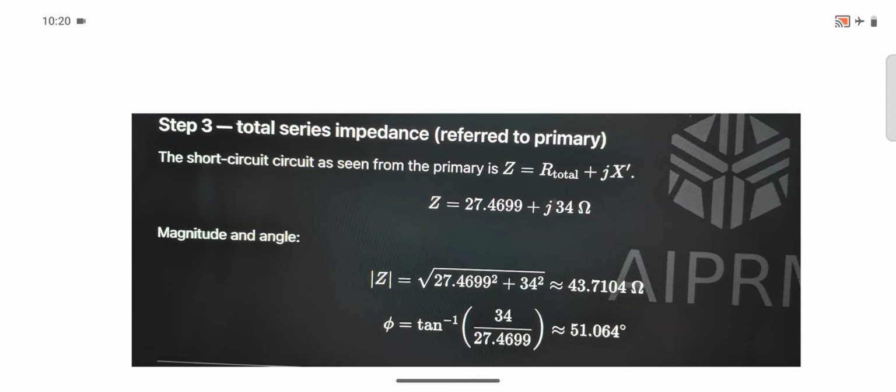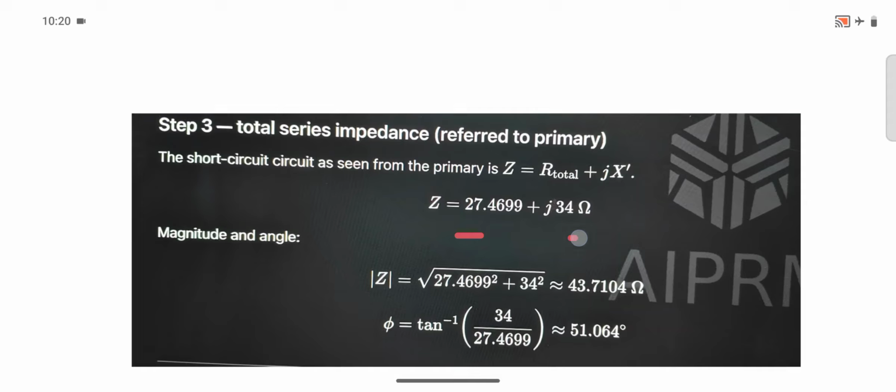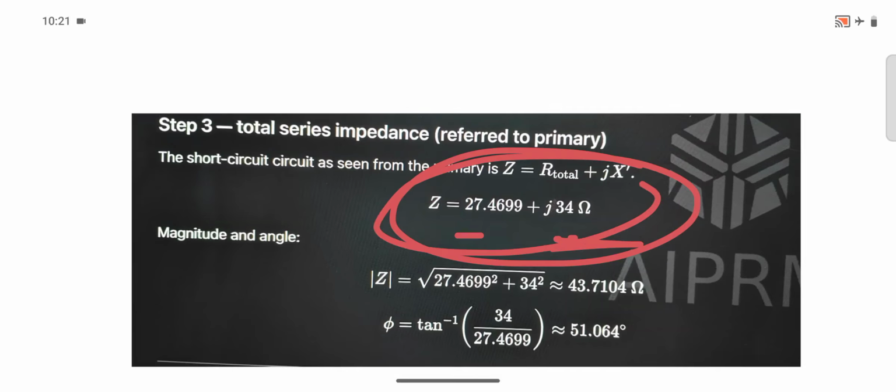One question we already solved, to find the magnitude, we use the square root of x square plus y square. This is the x component and this is the y component. This is written in the vector form, and there are many methods to solve this. So simply use this formula.